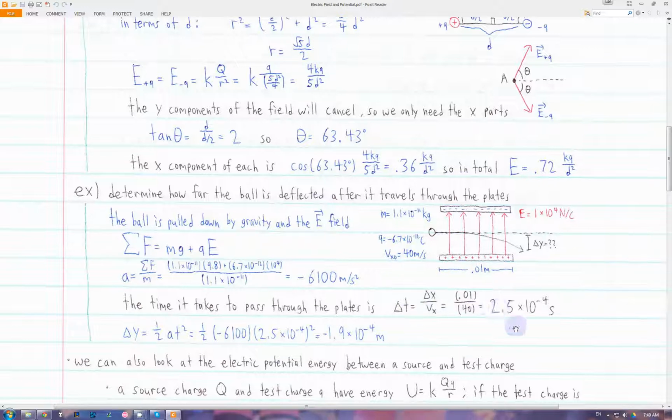So it will take this much time to pass through the electric field. And then we can just use d equals 1/2 a t squared in the y direction, since we found the time interval and the acceleration, to find the y displacement. So passing through the electric field, the ball will go down a little bit.